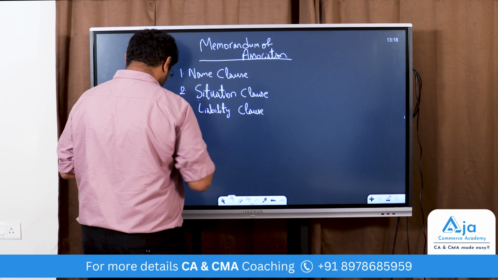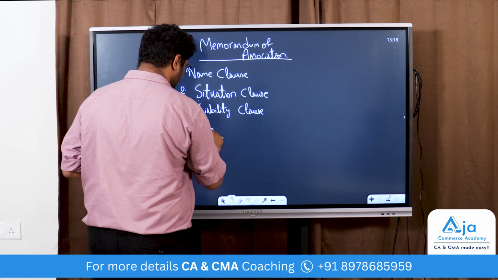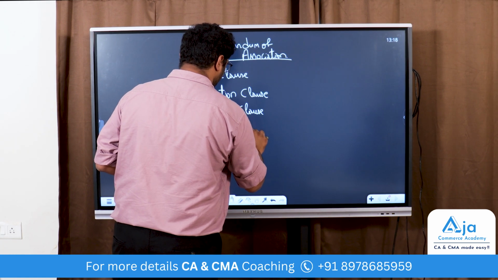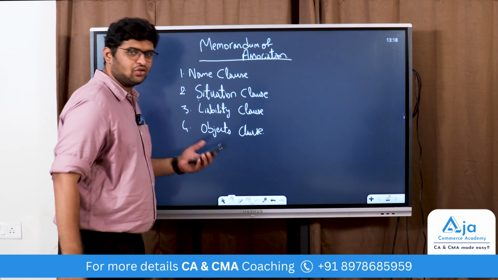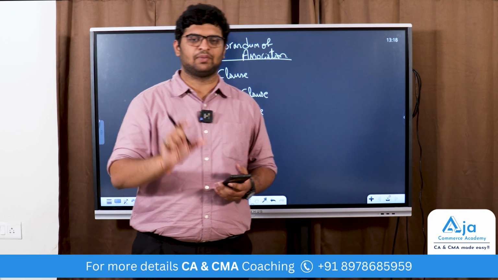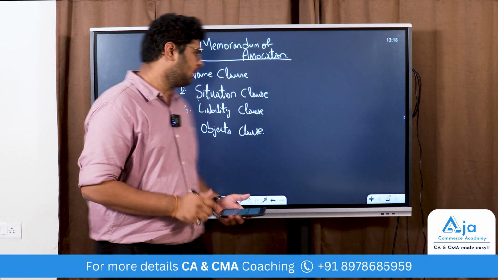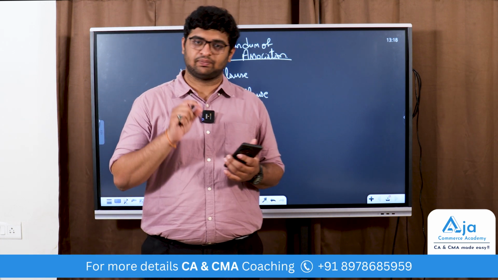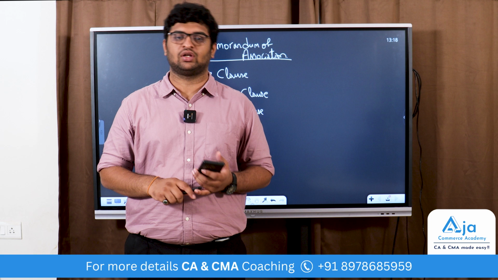Next, the fourth one is the objects clause. What is an objects clause? The objects clause is nothing but the object of the company, the purpose for which the company is formed. There is a subtopic called the doctrine of ultra vires.